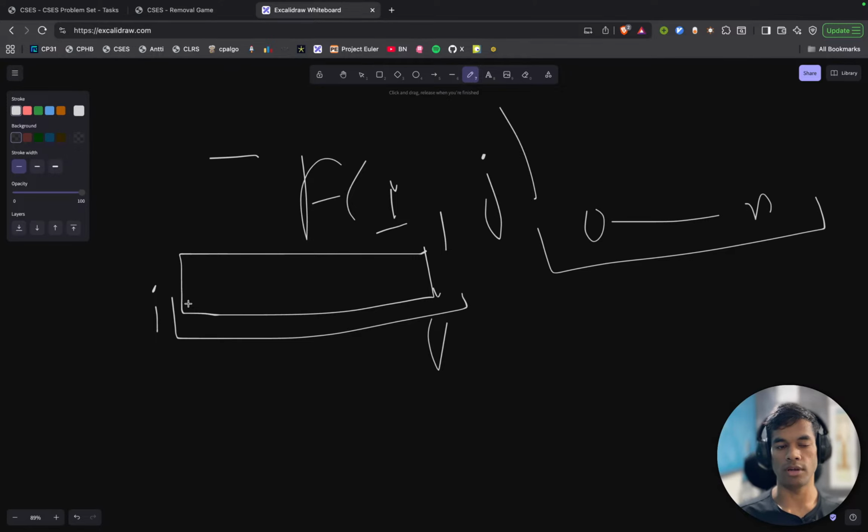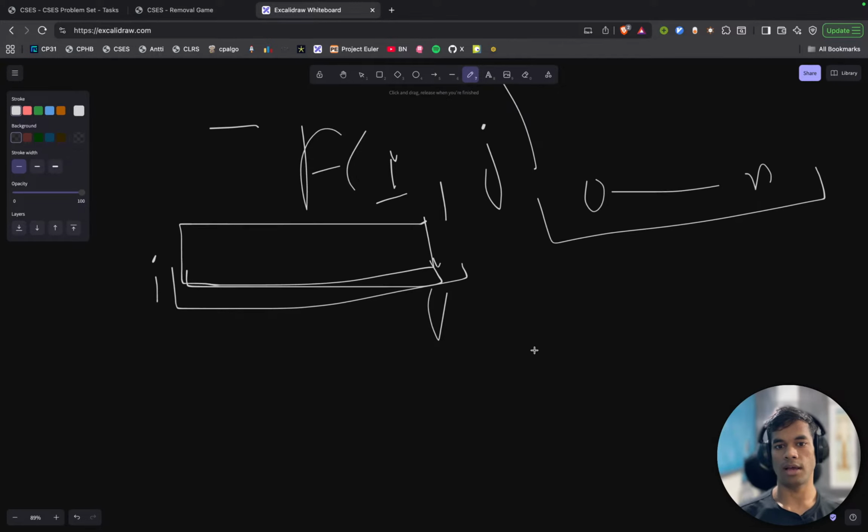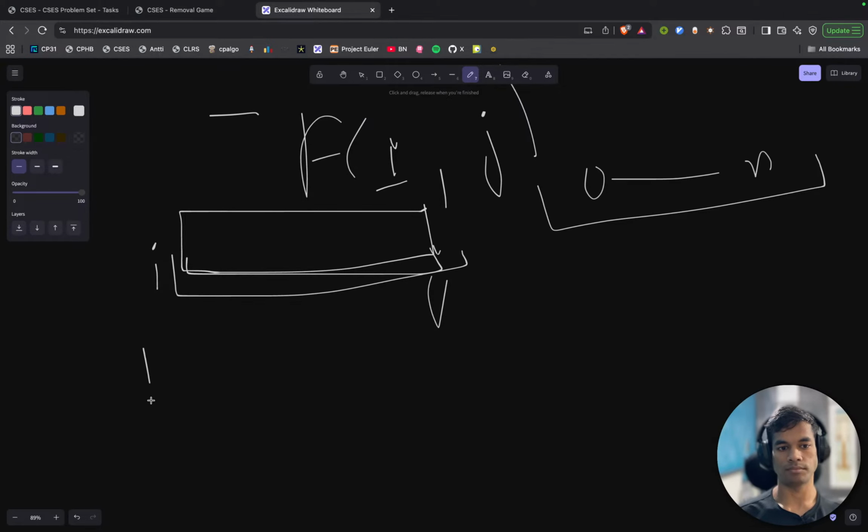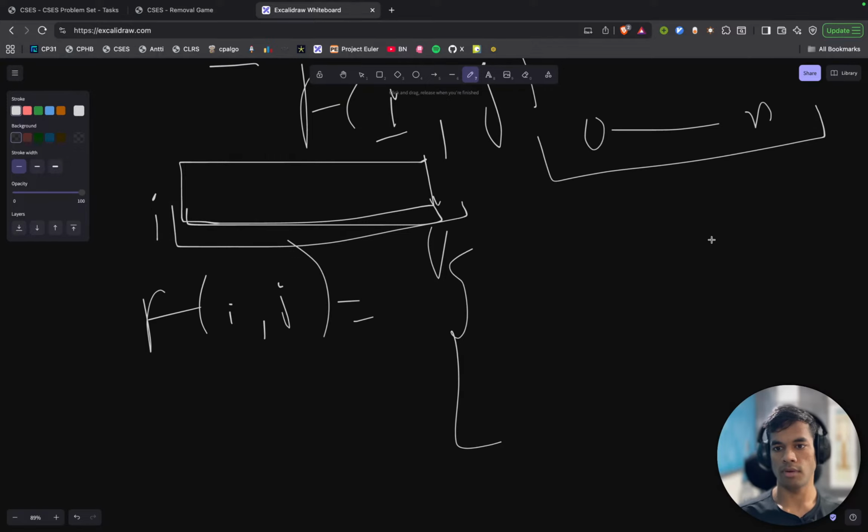We are only finding the answer for this subarray, and at any i, j, f(i, j) recursively would be equal to: the base case is i equals j, then the answer is a[i].